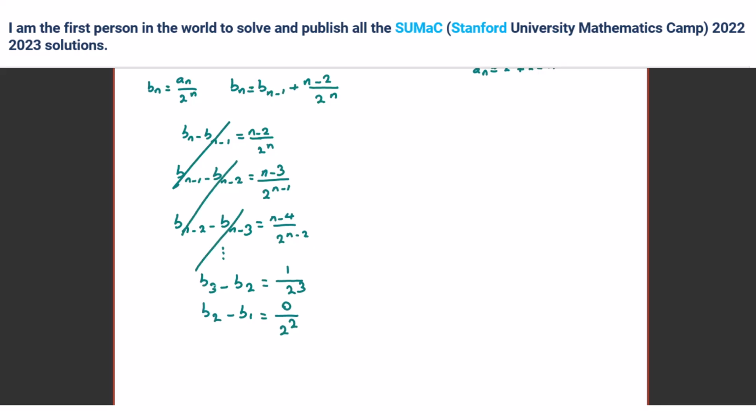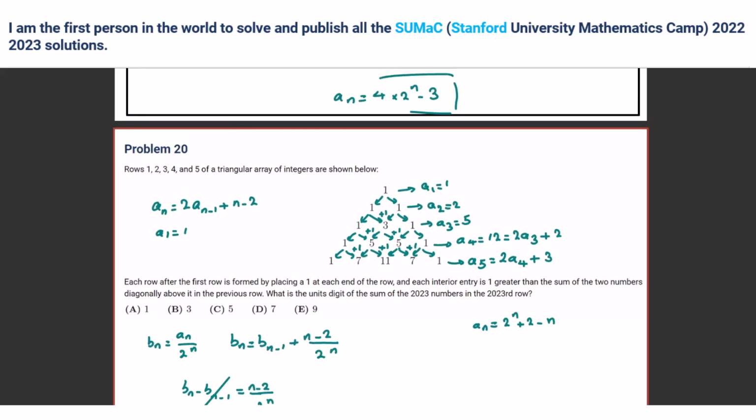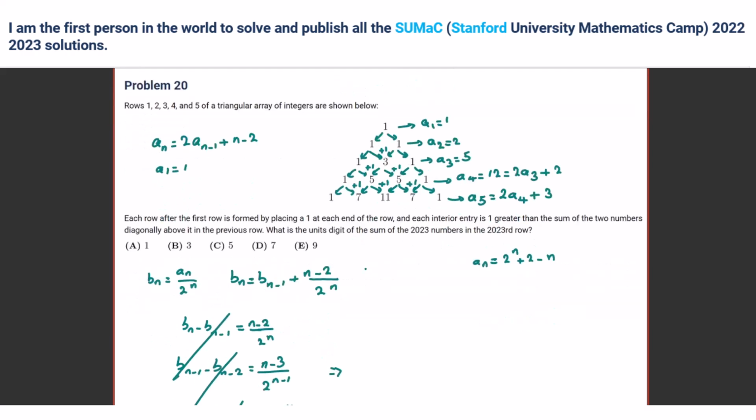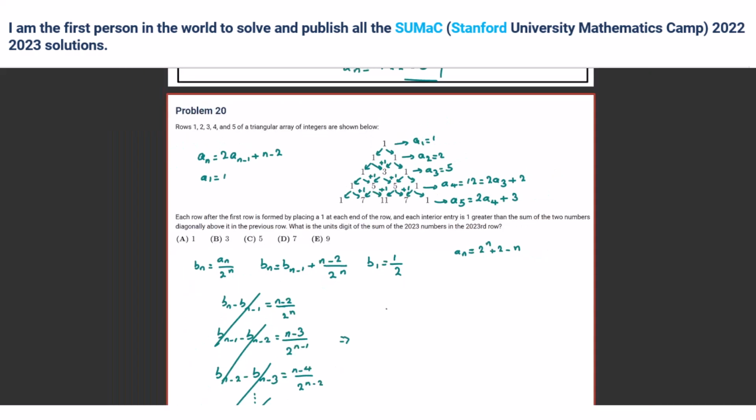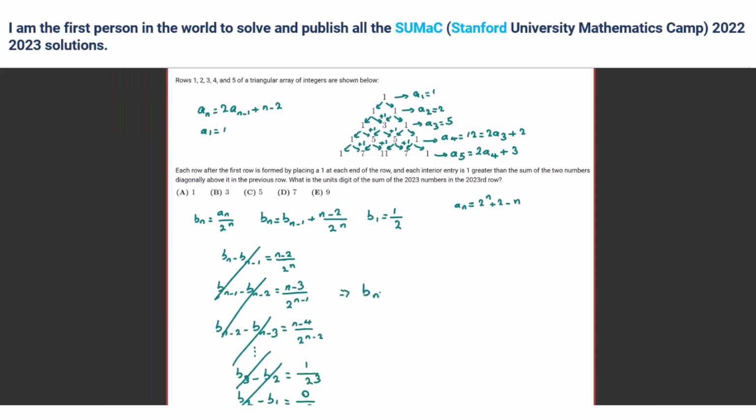Okay, so we can cancel all these terms. What's B1 equal to? 1/2. Yes, 1/2. Okay, so Bn minus 1/2 is equal to 1 over 2 cubed plus 2 over 2 to the 4th, plus 3 over 2 to the 5th, all the way to n minus 2 over 2 to the n.